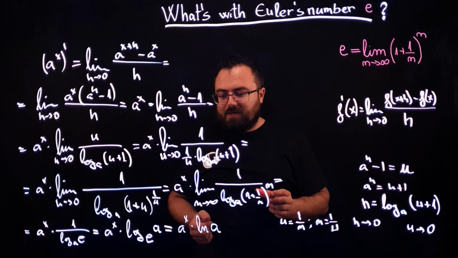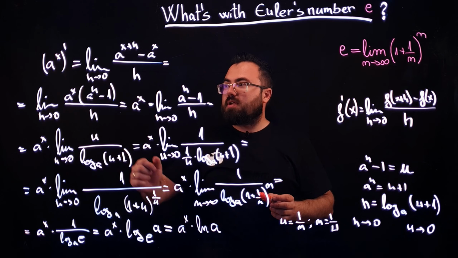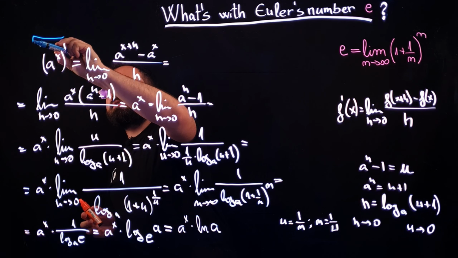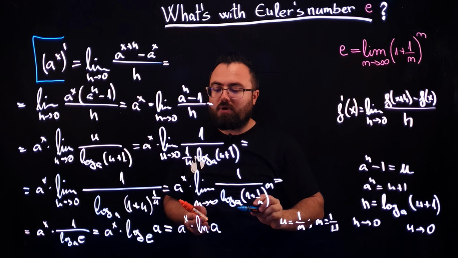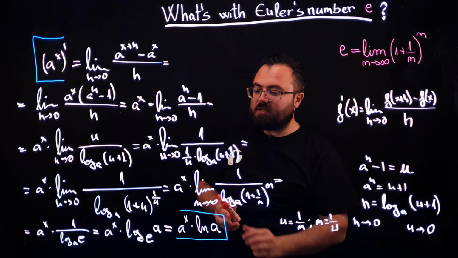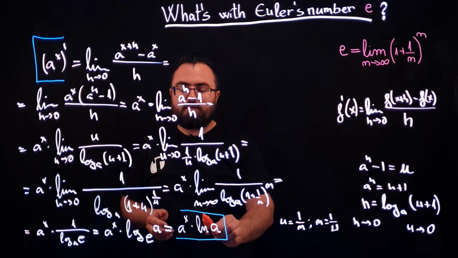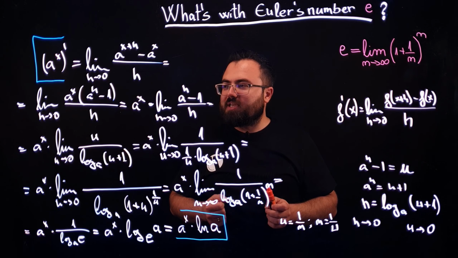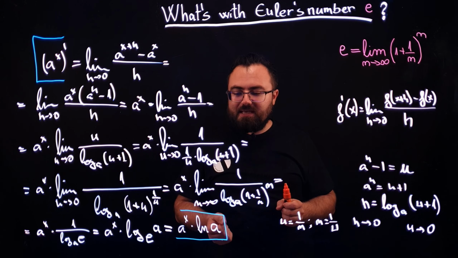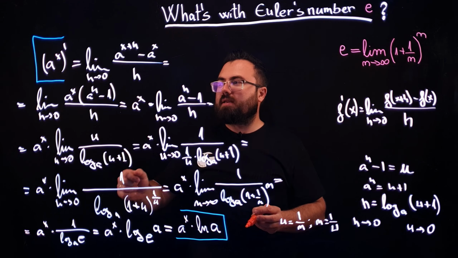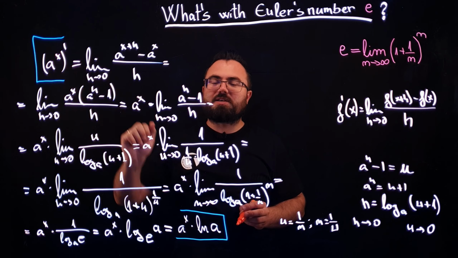This is a very special result that we see right now. We started with (a^x)', and the result is a^x times the logarithm in base e of a. This shows that the number e occurs naturally in calculus when taking the derivative of the exponential function.